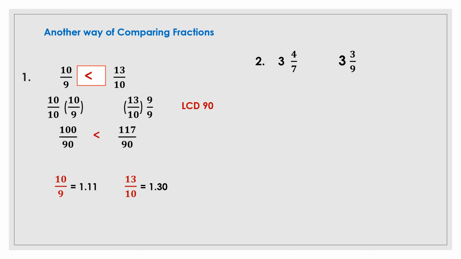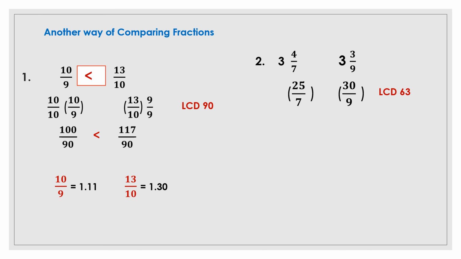Next, 3 and 4 over 7 at saka 3 and 3 over 9. So, we have 7 times 3 is 21 plus 4 is 25 over 7. Ito naman na 9 times 3 is 27 plus 3 is 30. So, 30 over 9. So, ano ang LCD natin dito sa denominator?